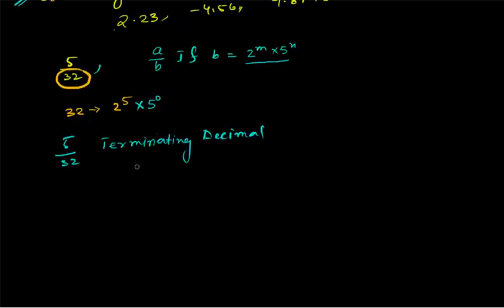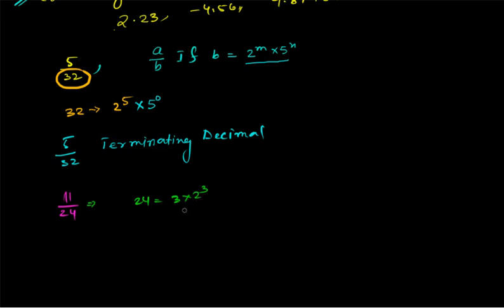So let's try one other number, say 11 by 24. So we have to prime factorize 24. 4 sixes are 24, so it's 3 into 2 cube, because 3 eights are also 24.